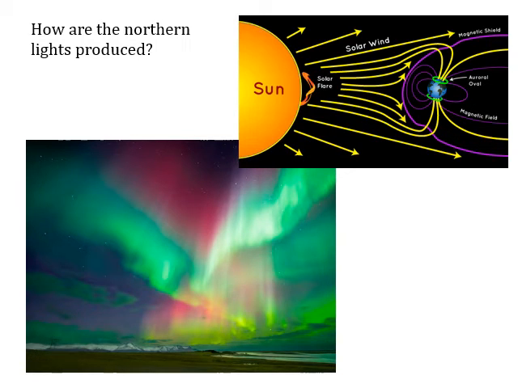These particles head towards the Earth. They head out in all directions. Some of it gets veered away from the Earth just with the magnetic fields, but some of it gets trapped and follows along the magnetic field lines. As they follow along the magnetic field lines, they're making these circular paths as they're coming down around the field lines, and that's the magnetic force making them go in a circular path.